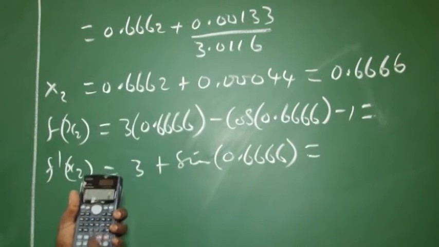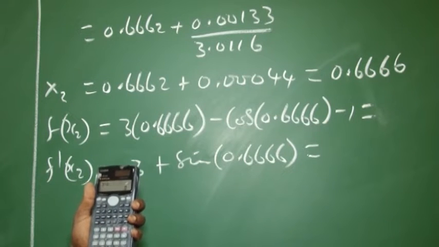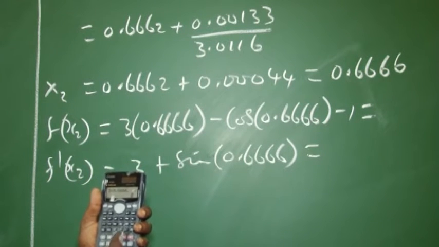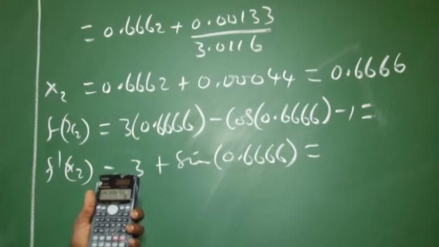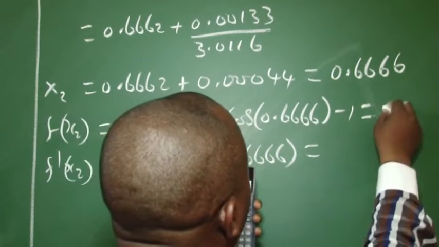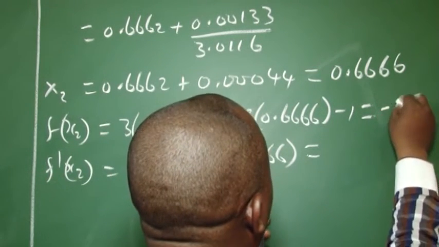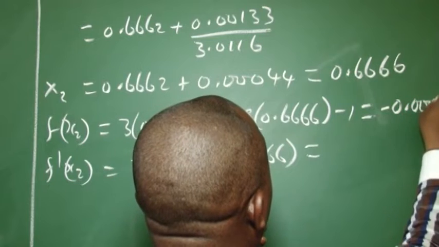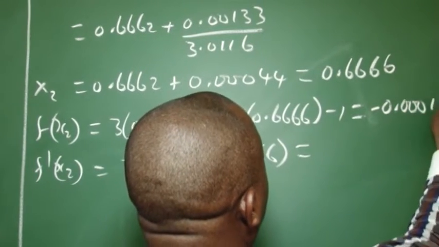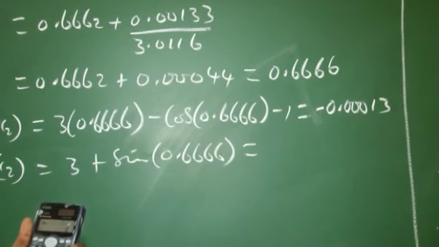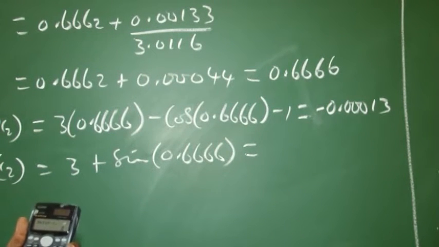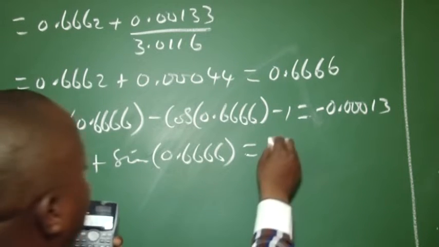If you compute the first one, we have 3 times 0.6666 minus cos 0.6666 minus 1. This gives us minus 0.00013. Now, this one gives us 3 plus sine 0.6666. That gives us 3.0116.